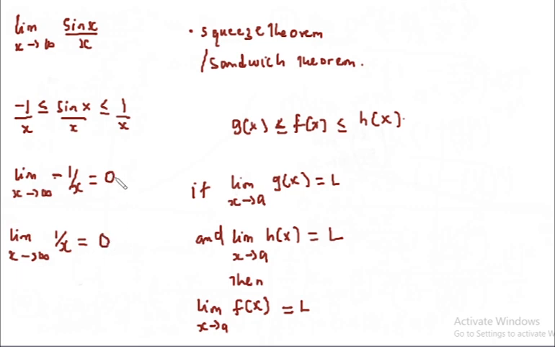If you look at these two answers and this theorem here, it states that as these two values approach 0, then this middle value must be equal to 0. So therefore, the limit as x approaches infinity of sine x over x is equal to 0.